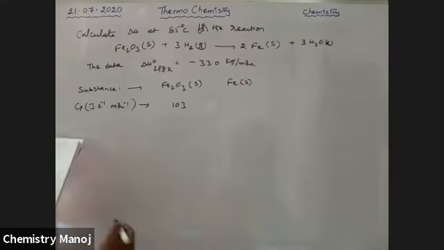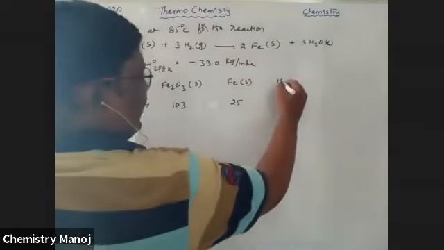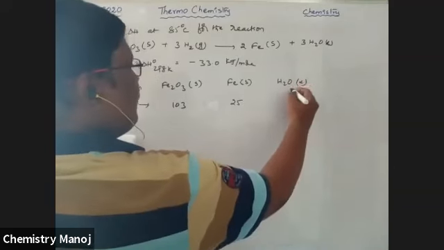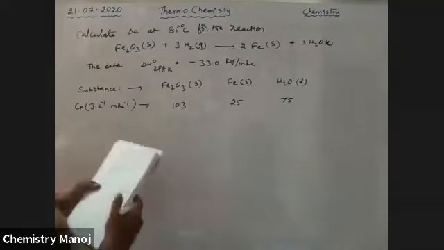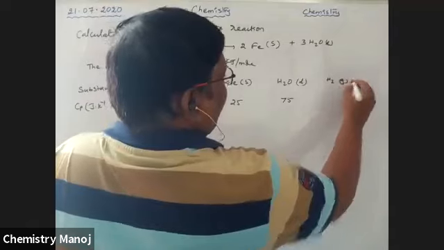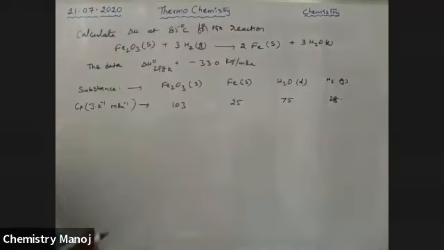Fe solid, its Cp value is 25. H2O liquid, its Cp value is 75. H2 gas, its Cp value is 28. So this is the data given to you, my dear boys.